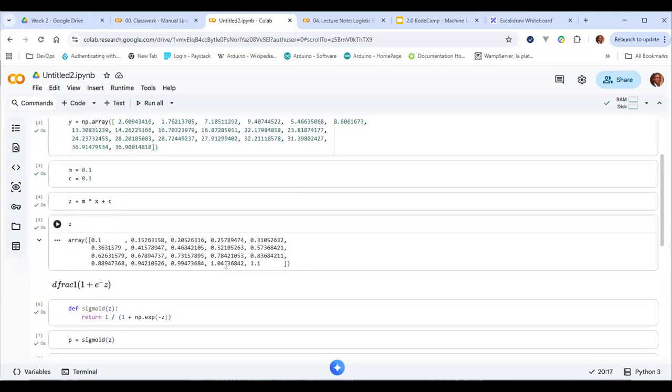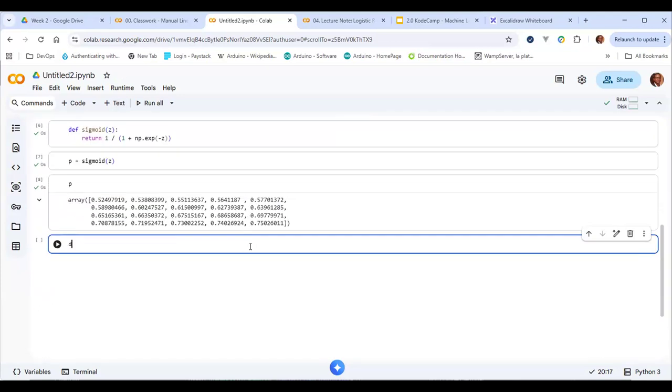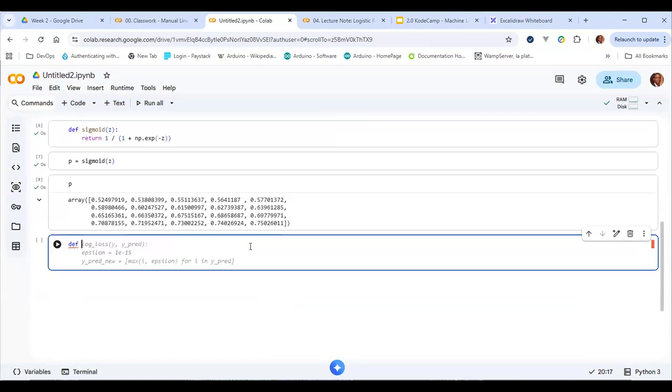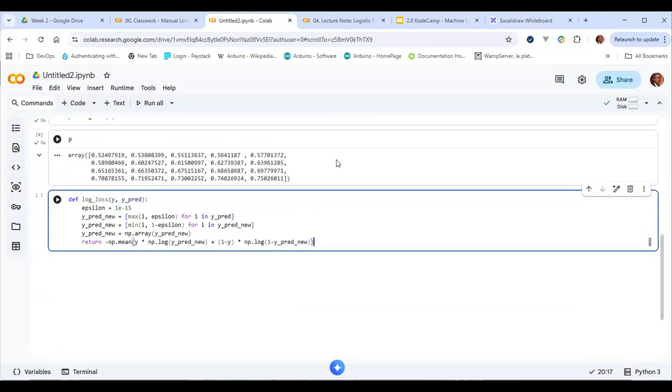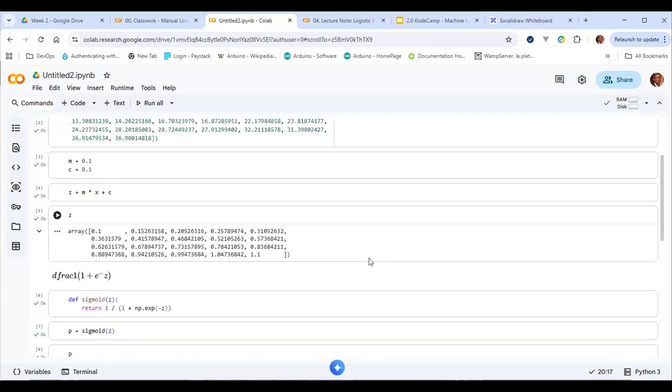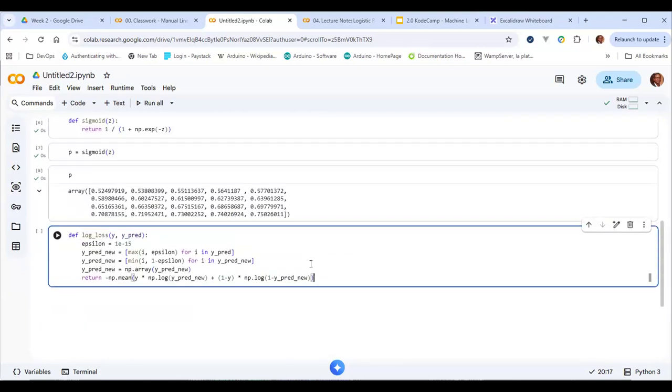Now, to do the negative log likelihood, which is the cost function, right? Yes, you can say log loss. Remember the negative log likelihood is as before. There is this whole epsilon thing, which I'll explain later on, but for now, let's ignore it.